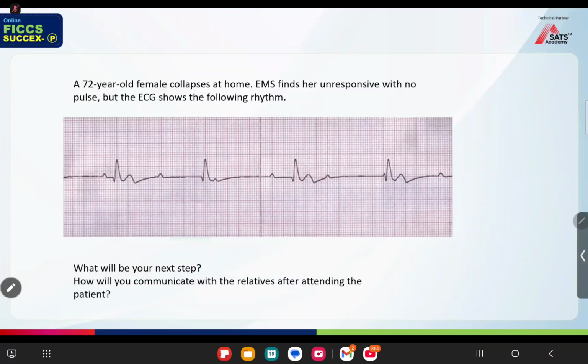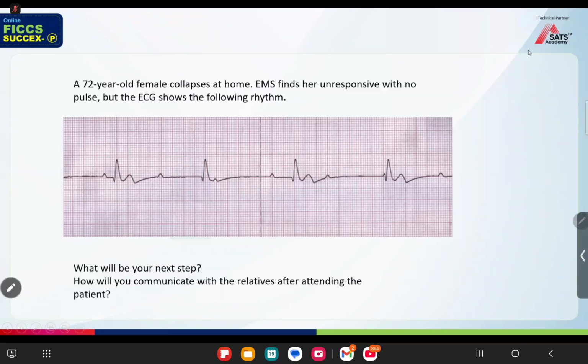Probable reason might be myocardial infarction, and we are giving her the CPR as a life-saving procedure to regain the cardiac rhythm.